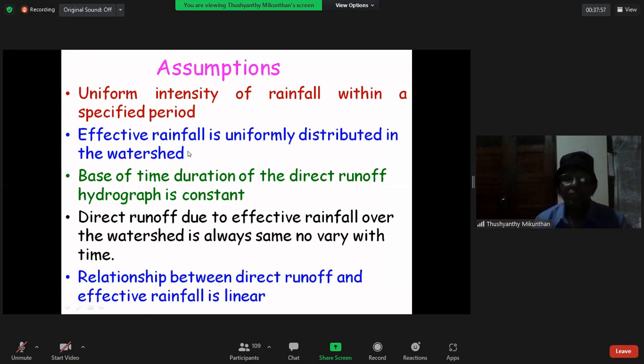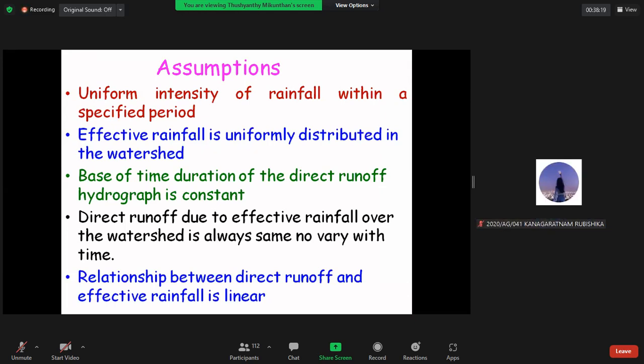For a small watershed, of course, you can expect it to be uniformly distributed. But for a large catchment, you can't expect the effective rainfall to be uniformly distributed all over the catchment.